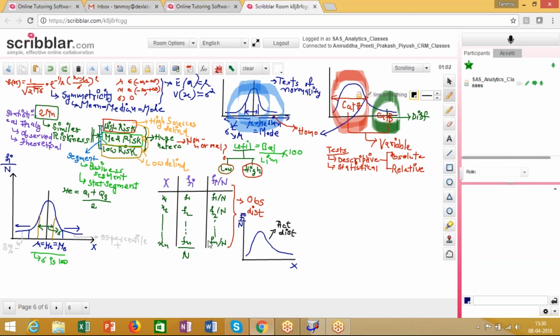Now the theoretical values are obtained from the theoretical frequency distribution.